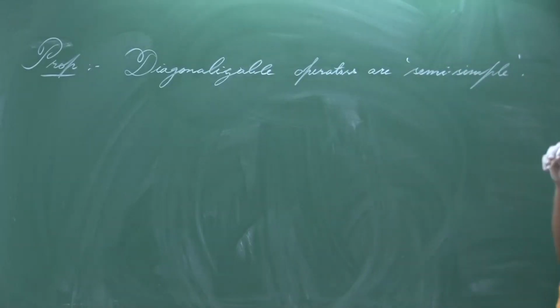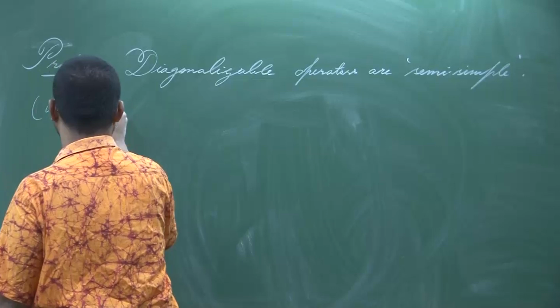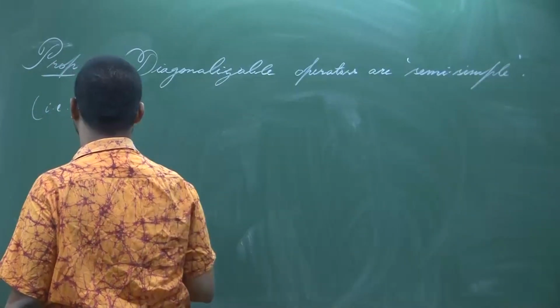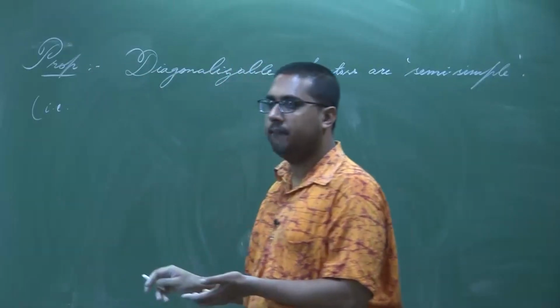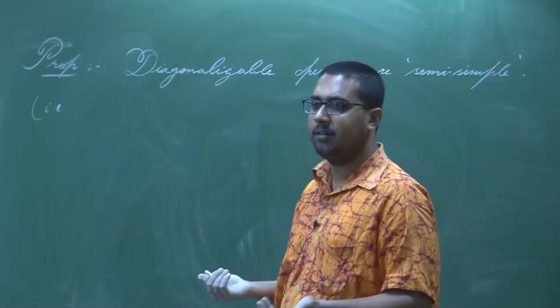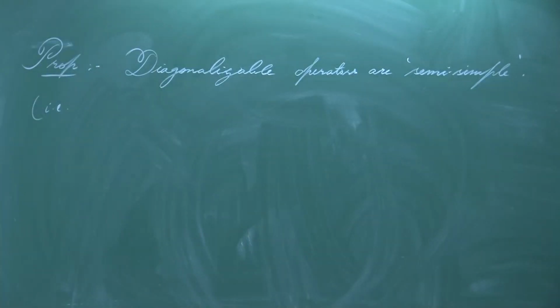What do you mean by semisimplicity? This means the following: earlier what we have proved is that if W is a subspace of V, then there is a complement of W. Now, for semisimplicity, suppose my W is T invariant, I want a T invariant complement.